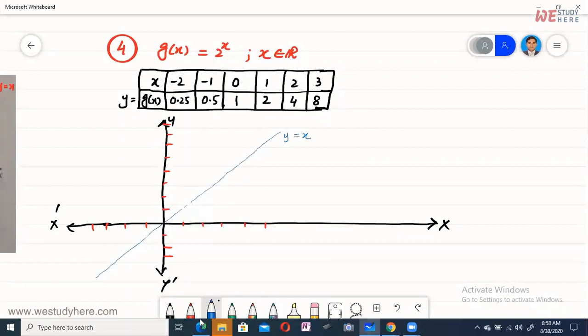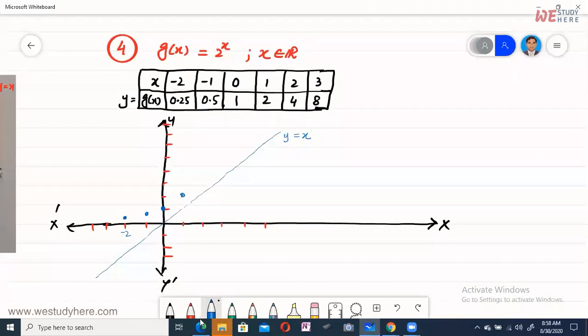Now we are plotting the points. At x -2, and 0.25 a little up. This is 0.25. Then -1, 0.5. Then 0, 1. Then at 1 is 2.